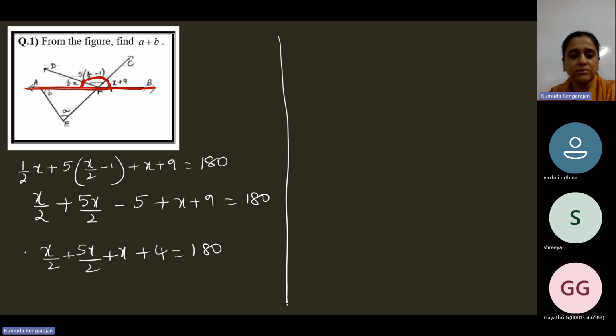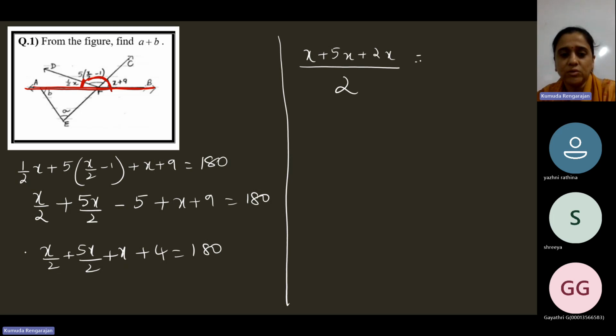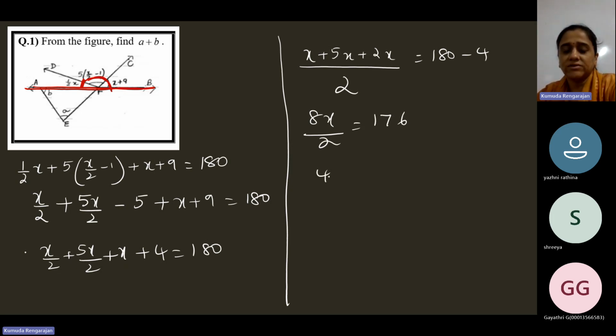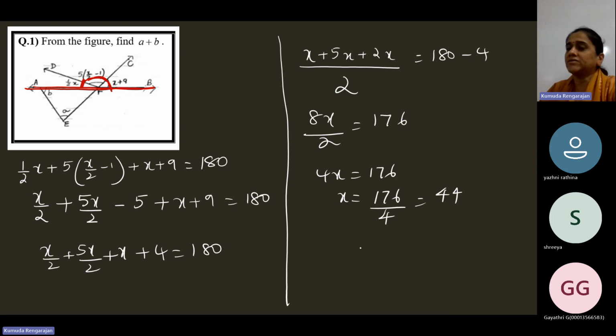Take the LCM. 2 is the common denominator. So you have x plus 5x plus 2x is equal to 180 minus 4. Correct? 8x by 2 is equal to 176. So 4x is equal to 176. x is equal to 176 by 4, which is 44. x is 44.